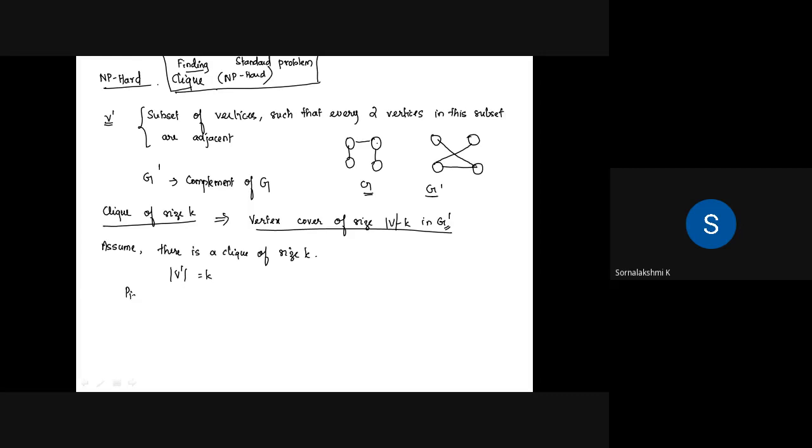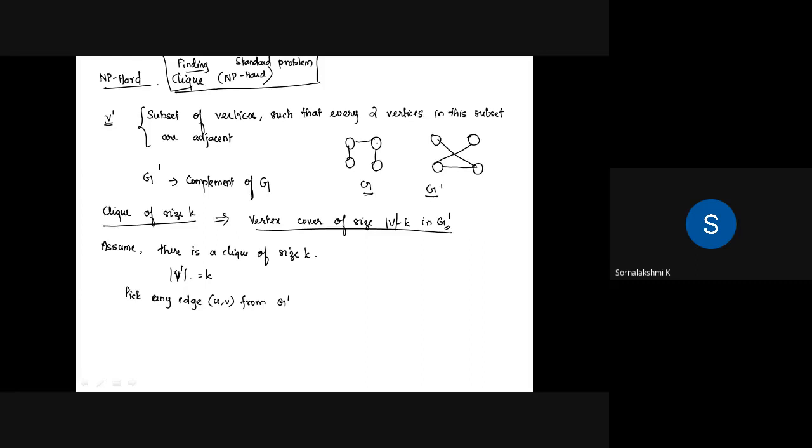Now pick any edge U comma V from the complement graph. V dash is a subset of vertices, and it's a clique. So if you take any two vertices from V dash, they'll be adjacent to each other.